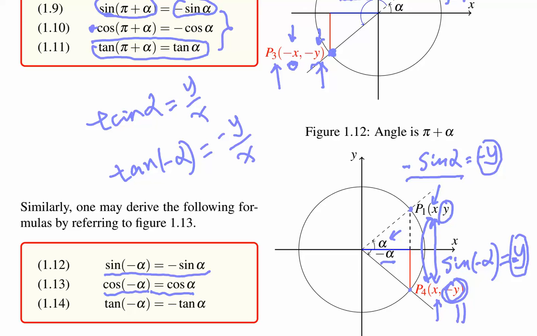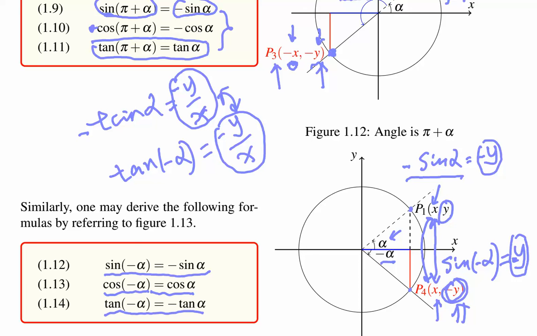You see, the y-coordinate is negative and the x-coordinate is still positive. If you add a negative in front of both, then this equals that. So tangent of negative alpha is negative tangent alpha. That's what it says here.